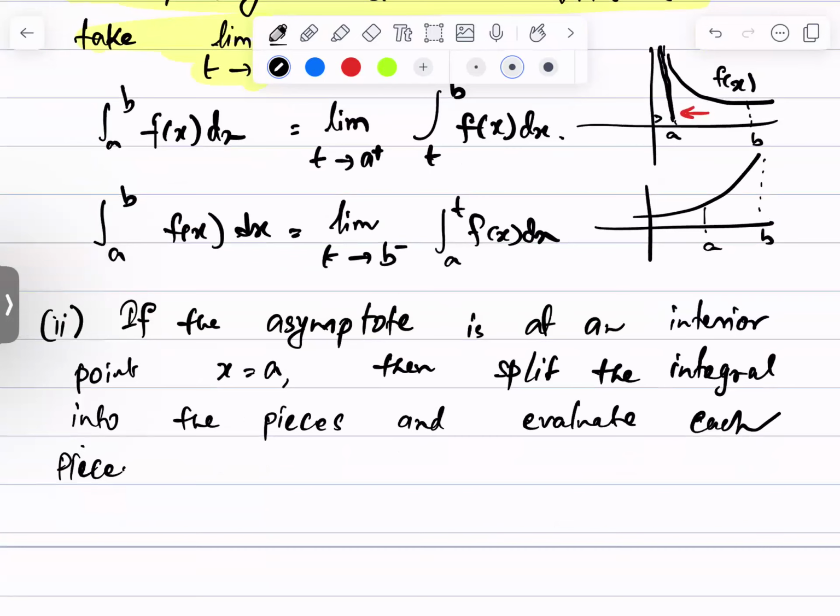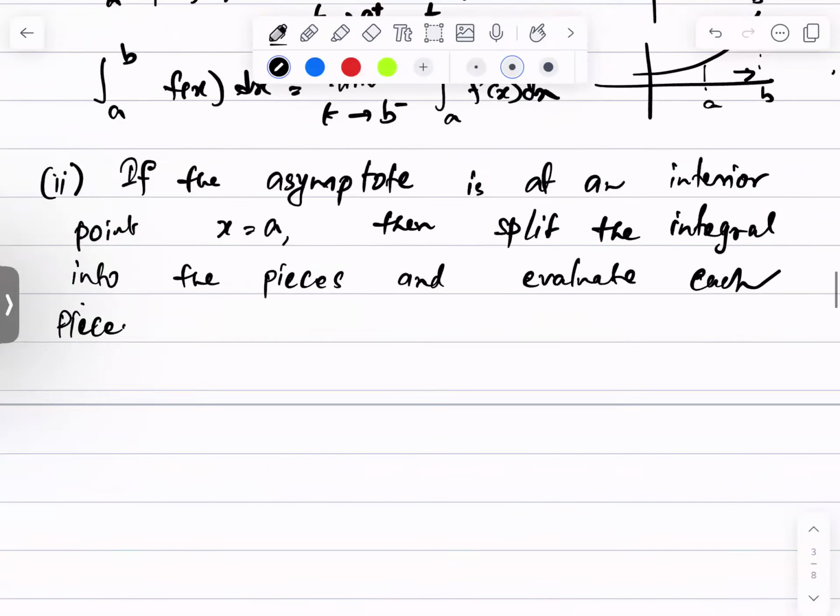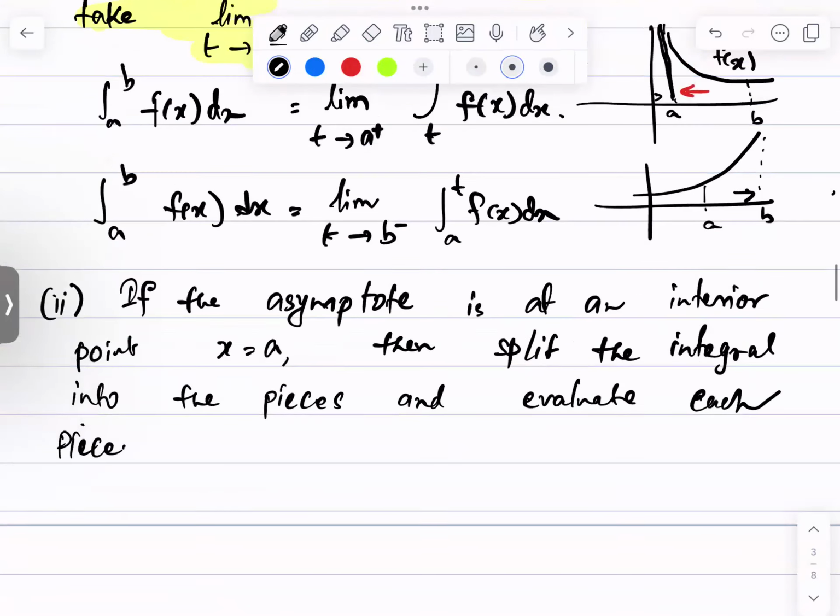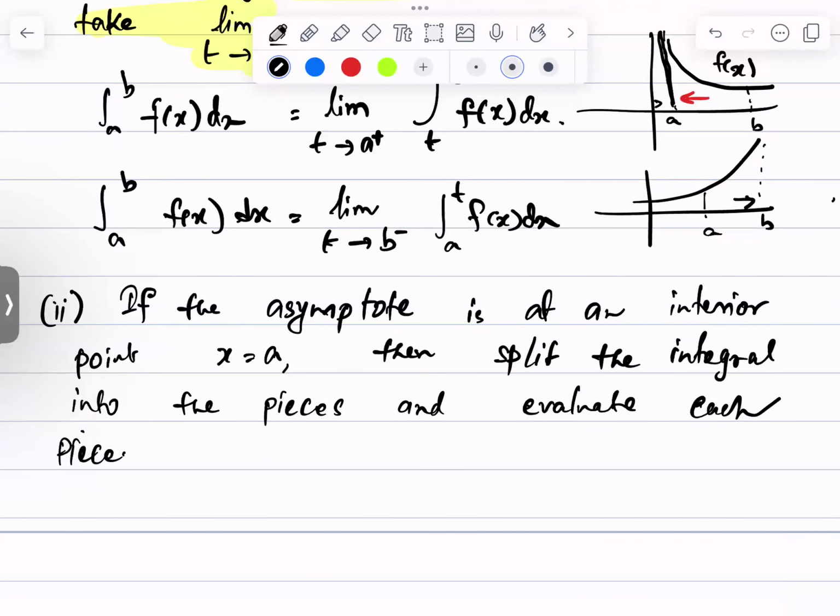Why t tends to B minus? Because now you can't move from the right towards B, right? Because this is not in the interval of integration. Therefore, you should move from left towards B. Okay. This is one type, when you have a vertical asymptote exactly at one of the endpoints.